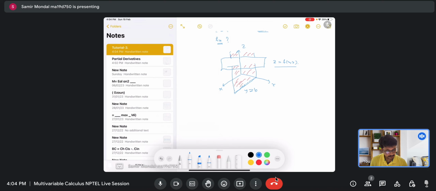Here we are getting one curve C. C is nothing but the intersection of the surface S and the plane y equal to b. At the point a b comma f of a b, this is the point P. So the partial derivative with respect to x is nothing but the tangent line at the point P.